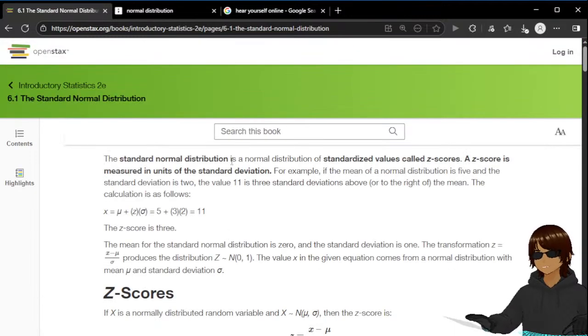The standard normal distribution is a normal distribution of standardized values called z-scores. A z-score is a measure in units of standard deviation. For example, if the mean of the normal distribution is 5 and the standard deviation is 2, the value 11 is 3 standard deviations above the mean.